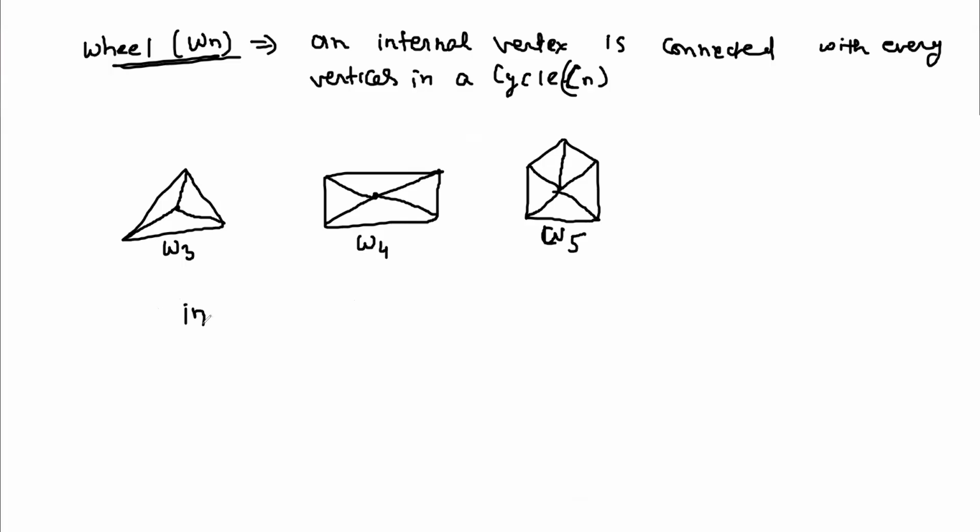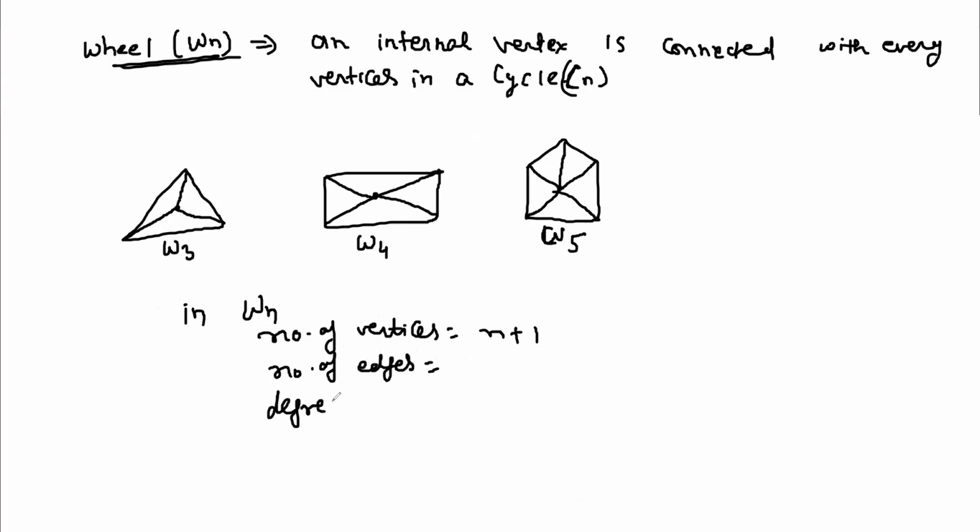So in Wn, the number of vertices will be n plus 1. The number of edges will be... the degree of each vertex? No, the degree of each vertex is not 3.